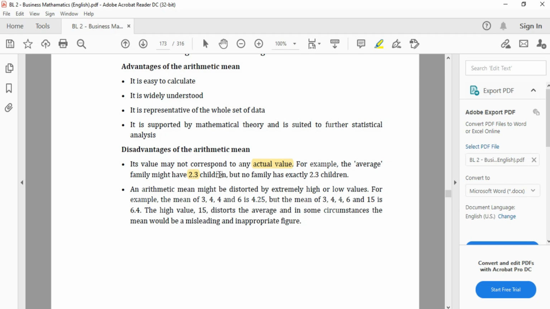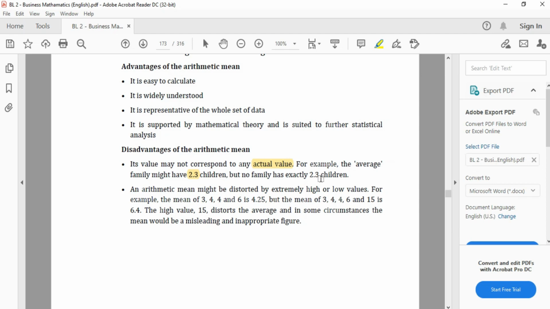Now, can you have 2.3 children? Human beings, two and a half, two and a third? You can't have such numbers because human beings are whole, right? So no family has exactly 2.3 children, right? So it's not a good representation in such scenarios.